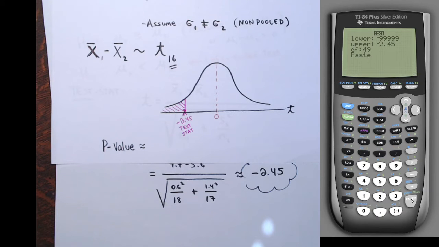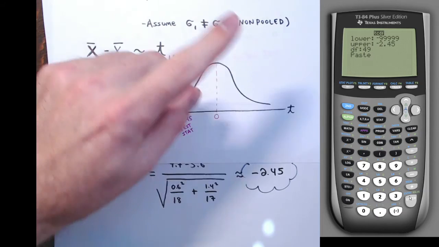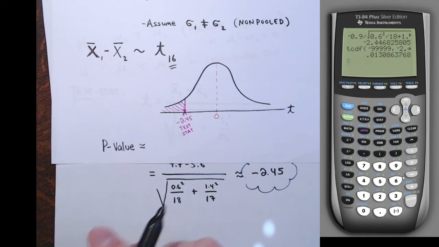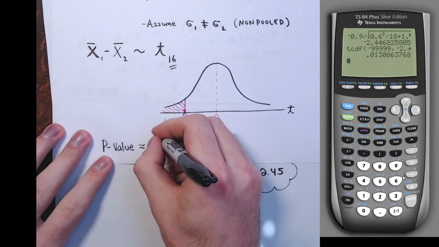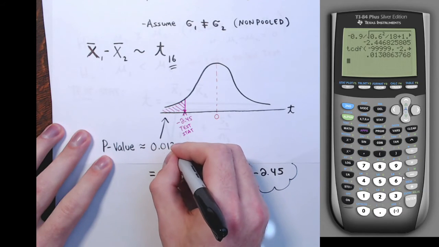And the number of degrees of freedom, because it's non-pooled, was the smaller sample size minus 1, so just 16 degrees of freedom. And we're coming back here with about 0.013. So the p-value, this area, is approximately 0.013.